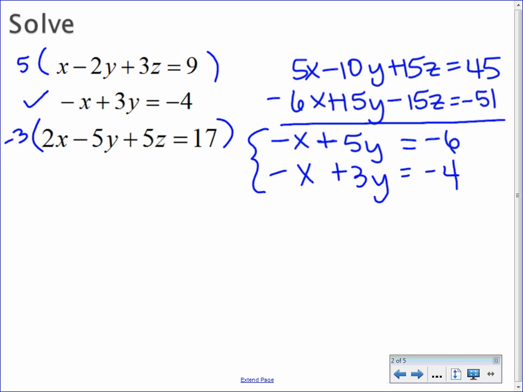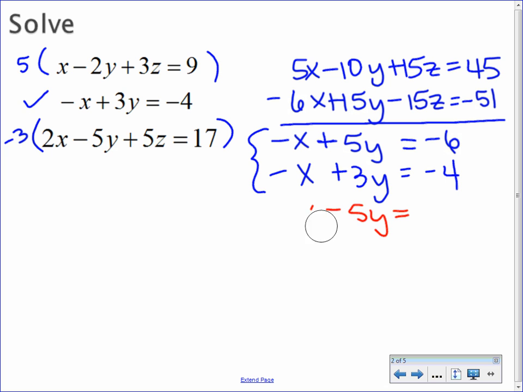Now we have 2 equations with 2 unknowns. So now we're going to focus on these 2 equations. How would you like to solve for x and y right here? Okay, you want to use elimination where we just multiply 1 by negative 1? Okay. So let's take the first one, and I'll multiply it by negative 1.